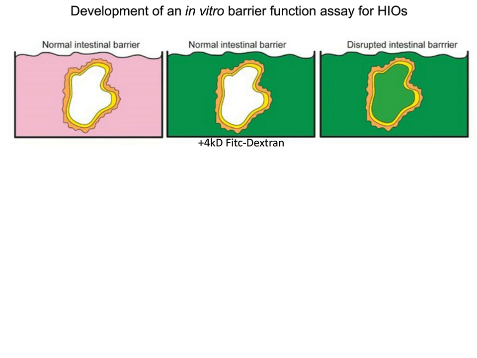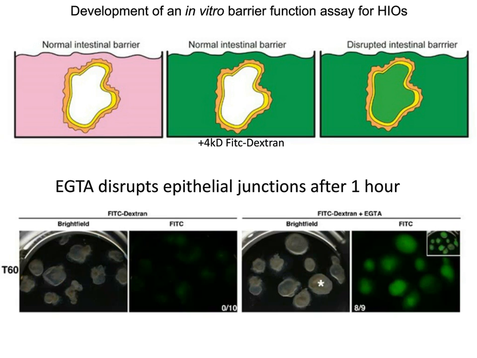And so as a proof of concept, we incubated our organoids in FITC-dextran for an hour. Those are the two panels on the leftmost and the one adjacent to that. Or we incubated them with FITC-dextran plus EGTA. The EGTA is designed to break down the epithelial barriers. And so what you can see is that in controls, the organoids really nicely keep this dye from moving into the center of the organoid.